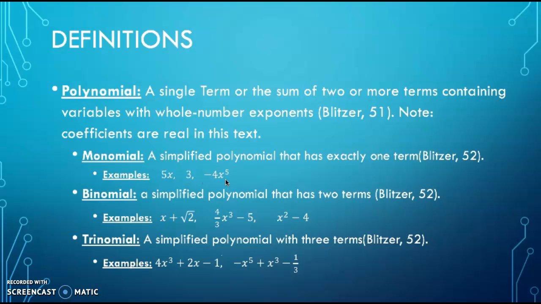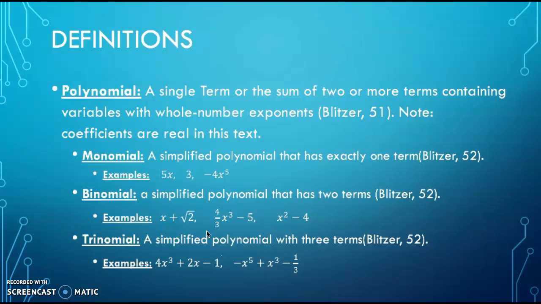And also notice here we can have positive, negative coefficients. We can have radicals, so your coefficients don't need to be rational. They can be real numbers, all real numbers.